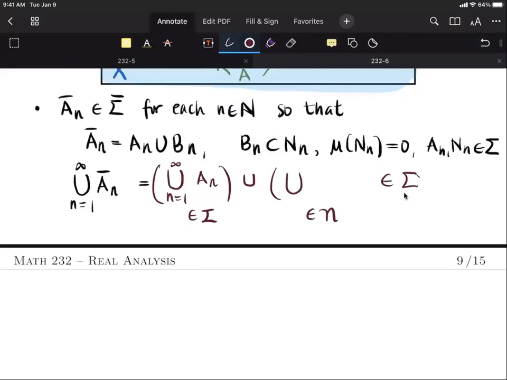The union of the A sub n's and the union of the B sub n's.